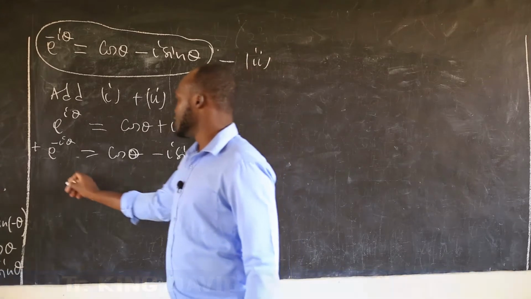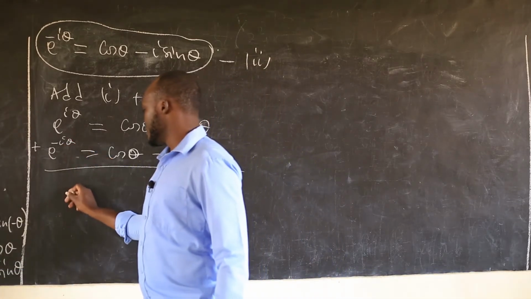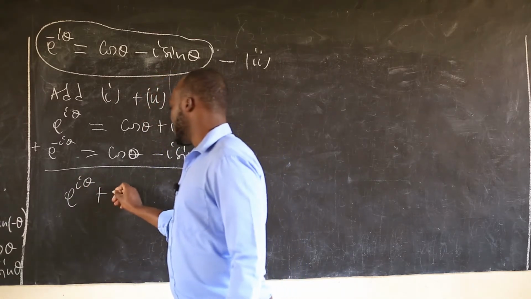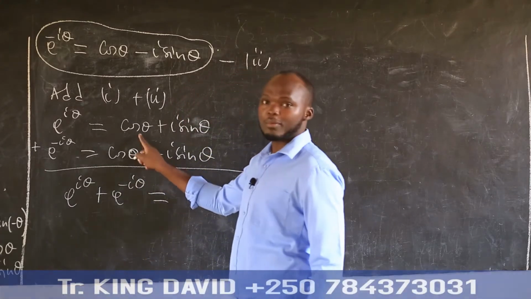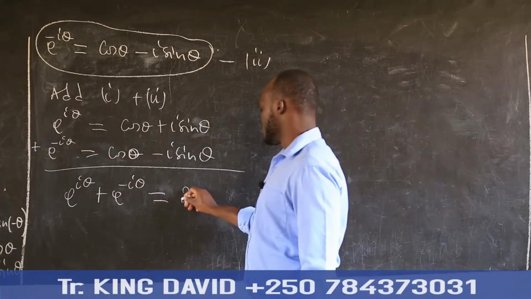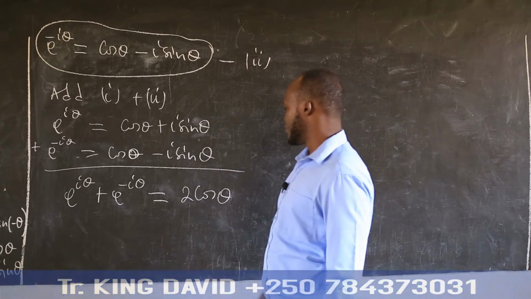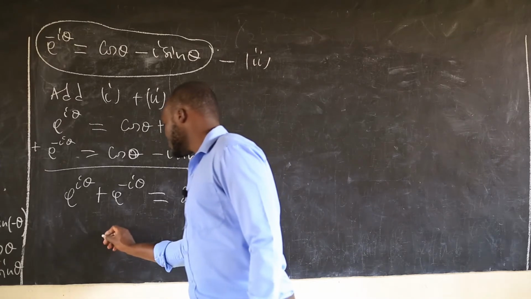So we are adding e power i angle plus e power negative i angle. The answer is cos angle plus cos angle, that's 2 cos angle. Then i sine angle minus i sine angle is 0. So we can divide by 2.